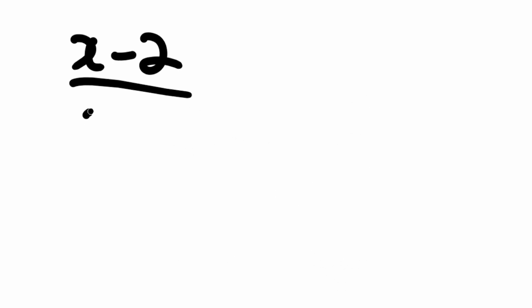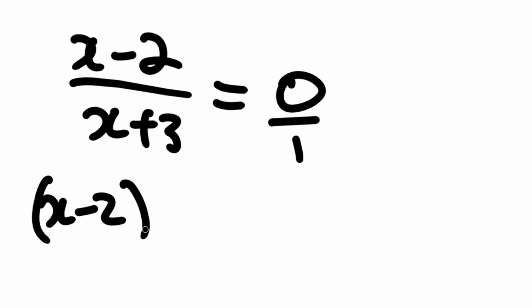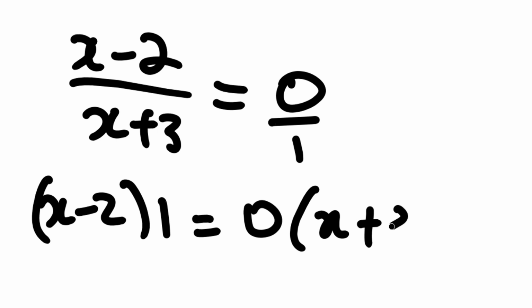It's going to be x minus 2 all over s plus 3 equals to 0. So you do cross multiplication, 0 over 1, right? Every number that is there, just have 1, if the denominator is not explicitly stated. So we do 1 times this. So you have x minus 2 multiplying 1 equals to 0 times s plus 3.